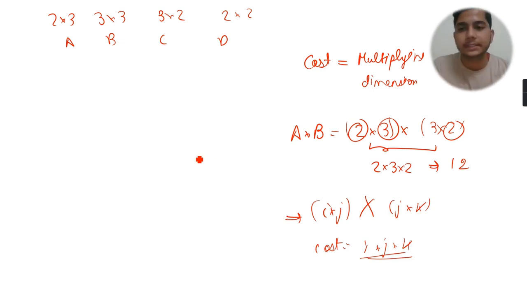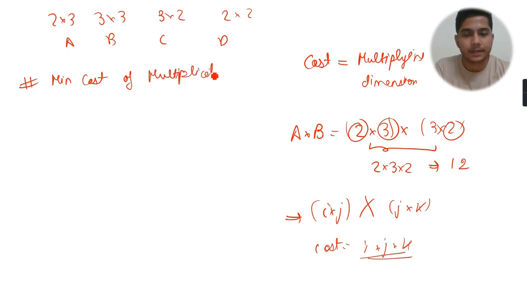Now what the question is stating is you have to find the minimum cost of multiplication. So what would the minimum cost of multiplication be if I am multiplying A, B, C, D?